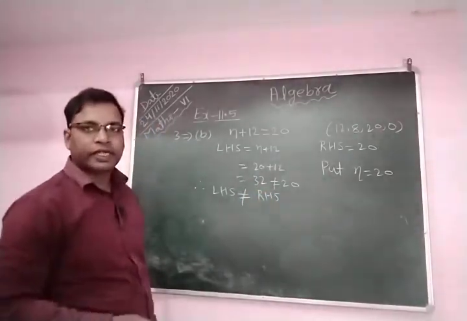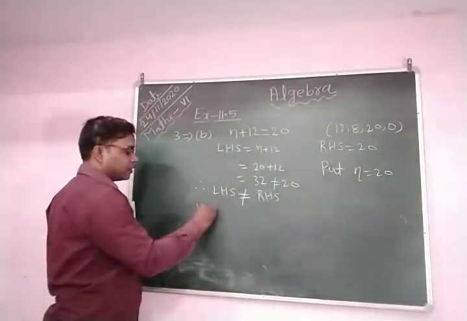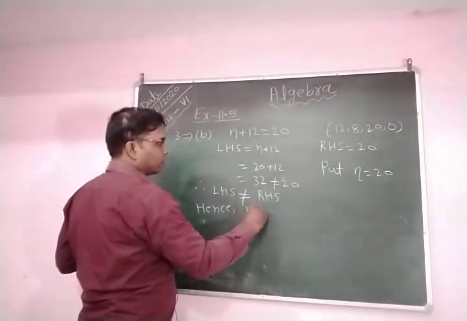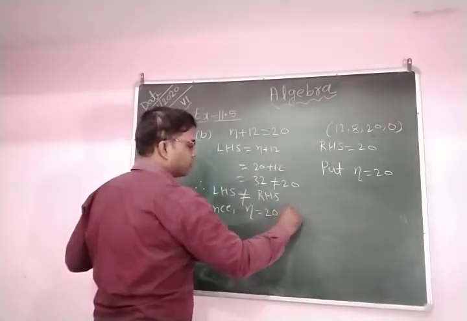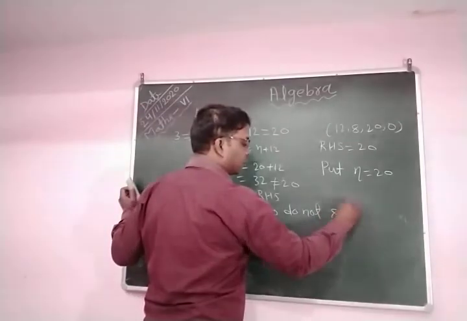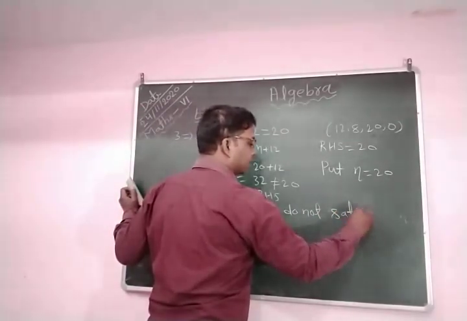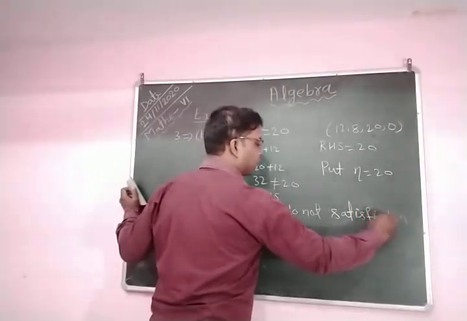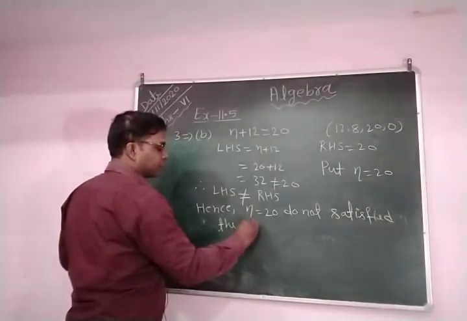So at last we can write here, hence n is equal to 20 does not satisfy the given equation.